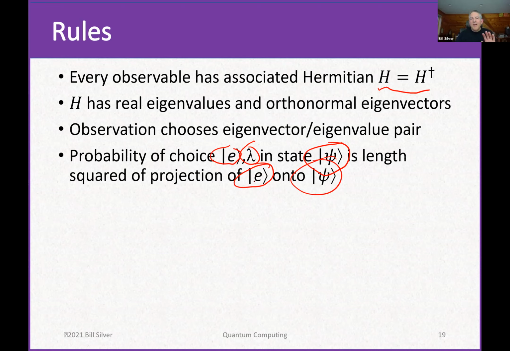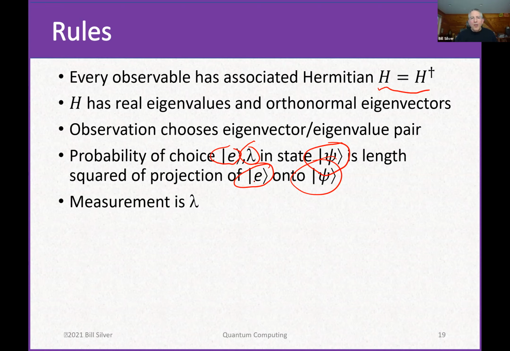Again, it's not necessary that you exactly understand this, but these are the rules of quantum observation. We're going to see how this affects an actual quantum system in the next slide. The actual effects are pretty intuitive, but I wanted to get the math down here just for completeness.